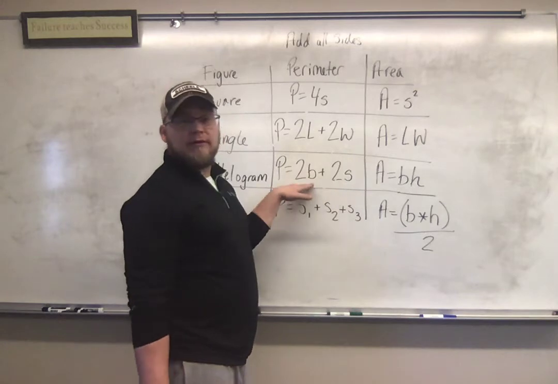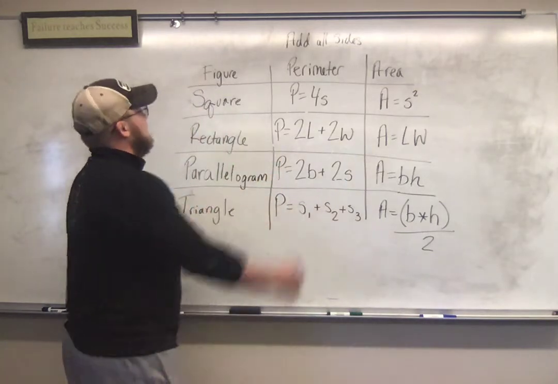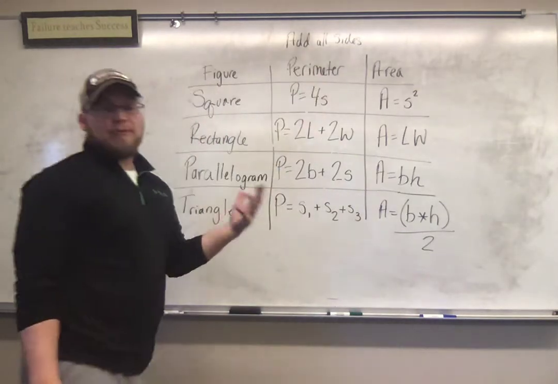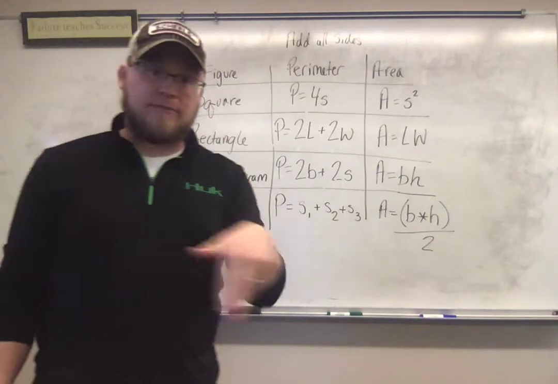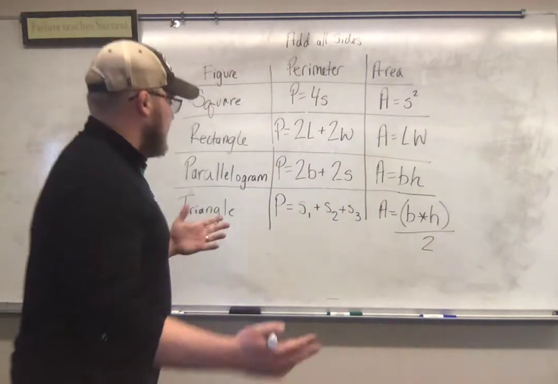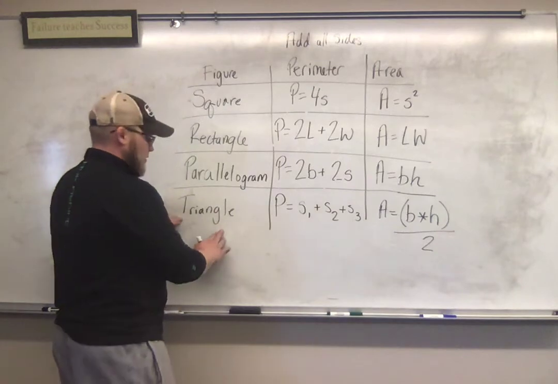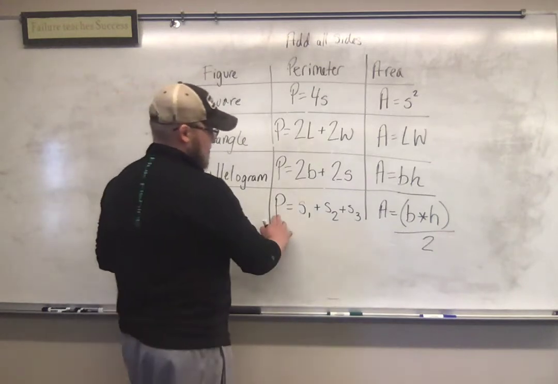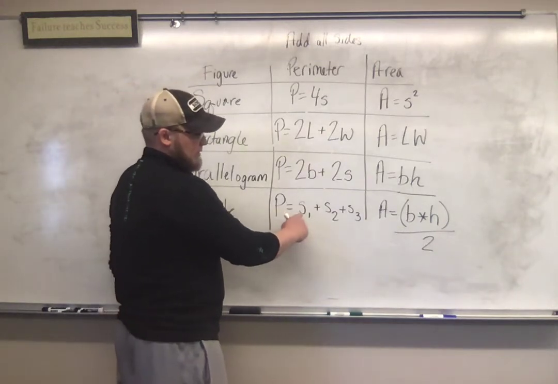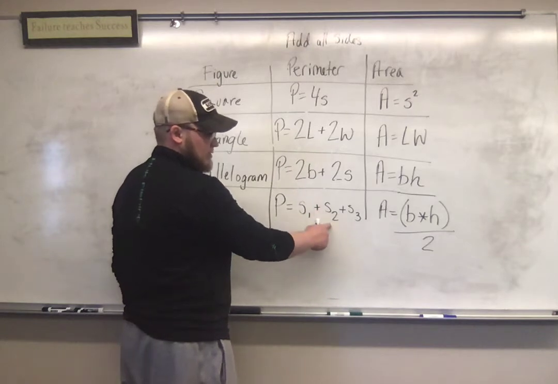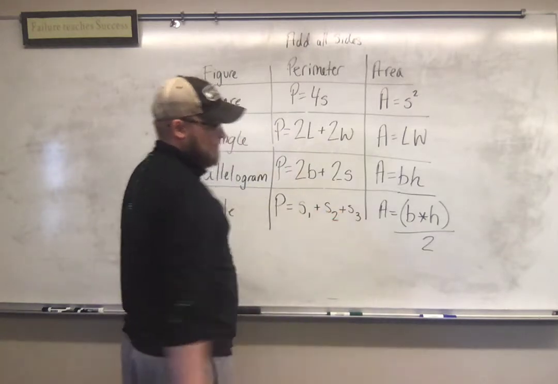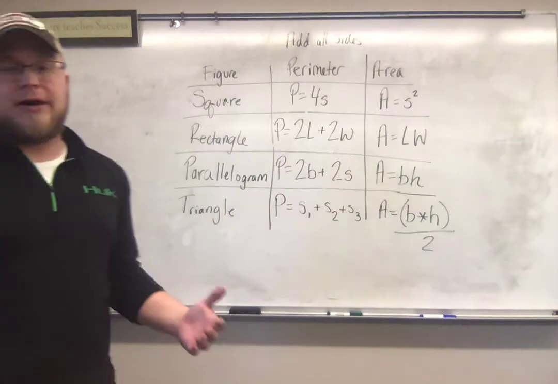Then you add them together, and you get the perimeter. Again, I think add all sides is much simpler to explain. Just add every single side, and you get the same answer. Just so you're aware, the triangle, the last one, its perimeter equals side 1 plus side 2 plus side 3, and there are 3 sides to a triangle.